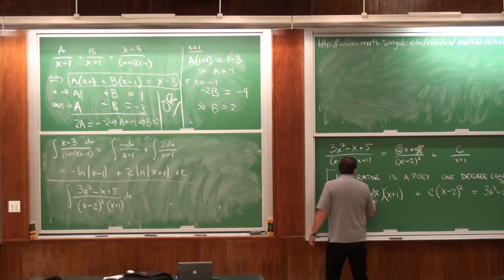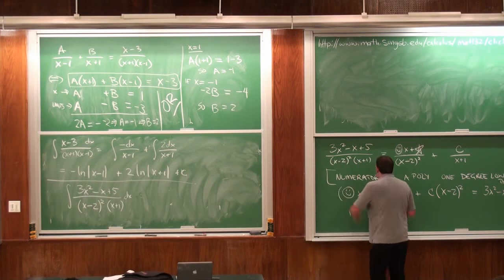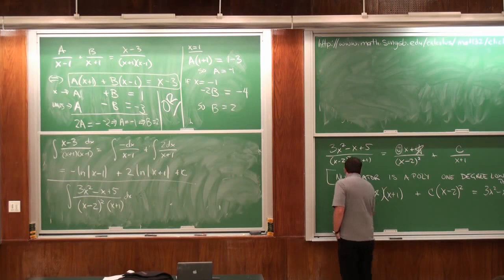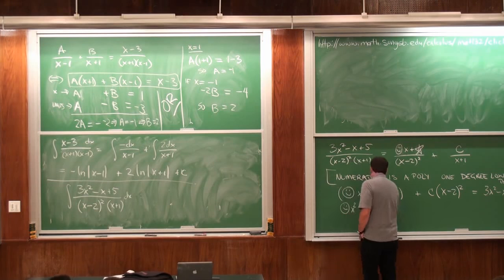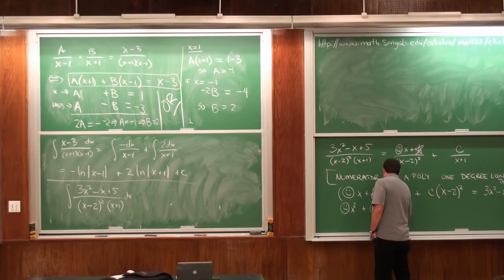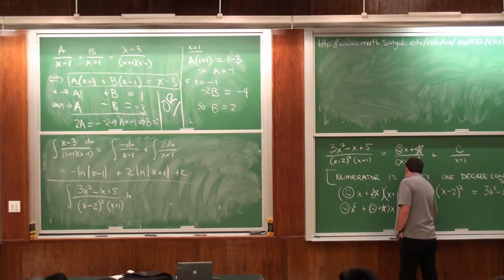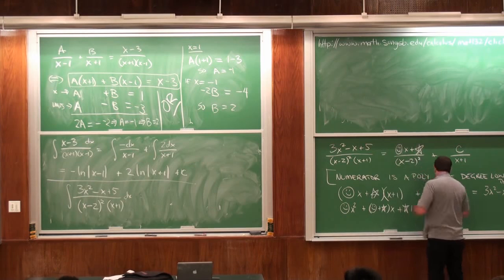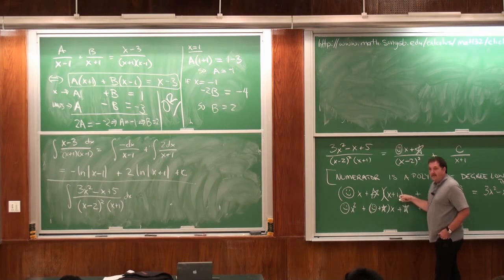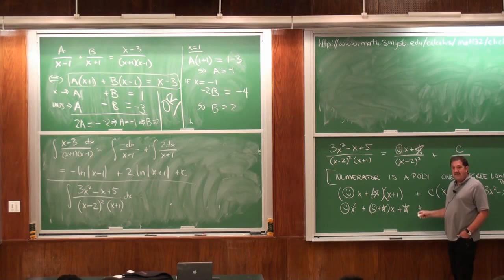Doesn't matter. So here, if I multiply this out, I get smiley face x squared plus smiley face plus star times x plus star. So I'm just distributing this. It's confusing because I'm not using actual letters.